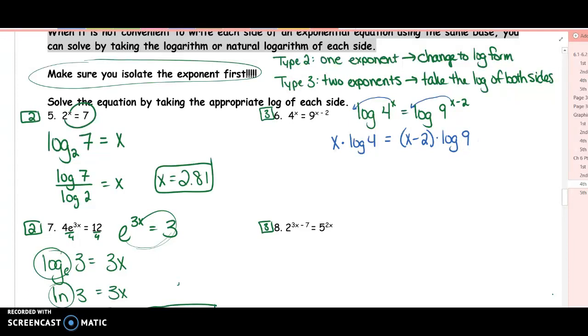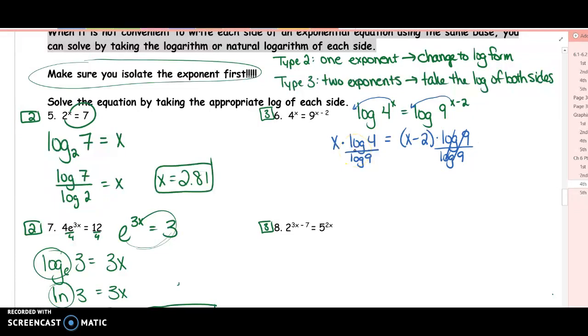The next step requires a little bit of strategy. I do not want to multiply some crazy decimal into a set of parentheses. I don't want to have to distribute it into x minus 2. So I'm going to divide both sides by the log of 9. That will cancel the log of 9 from the right side of our equation.